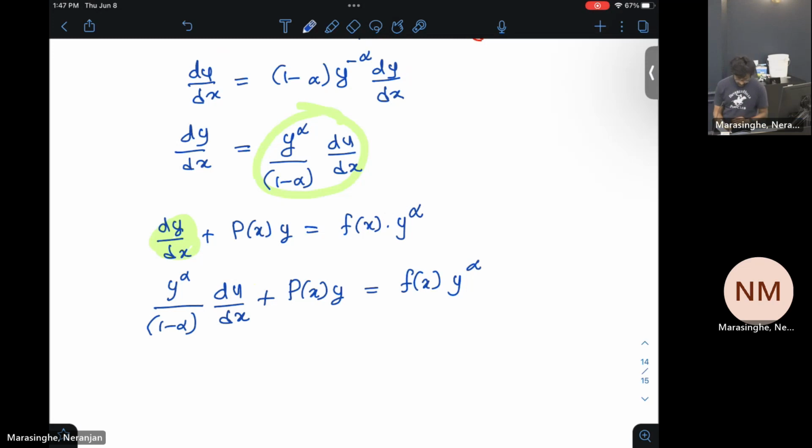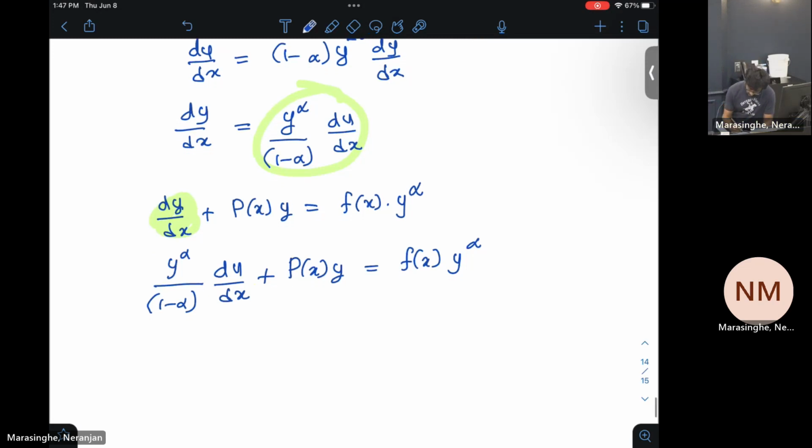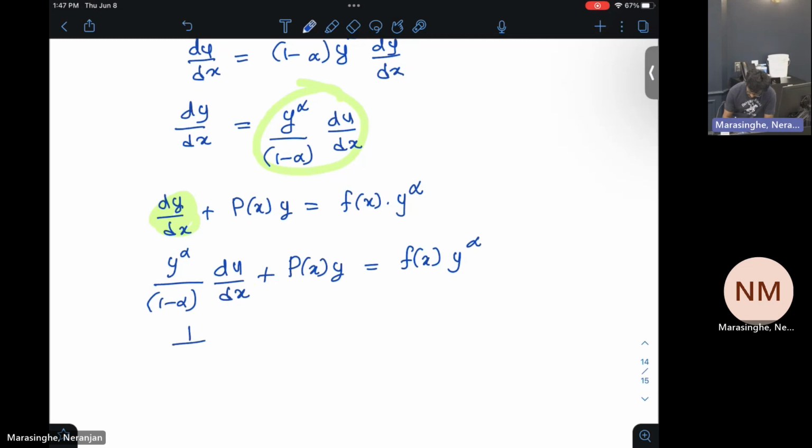Then I would divide both sides by y to the power alpha. So I would get 1 divided by (1 minus alpha) du/dx plus p(x). I'm dividing y by y to the power alpha, so I would get y to the power 1 minus alpha. And on my right hand side, I would get f(x) because I am dividing by y to the power alpha.